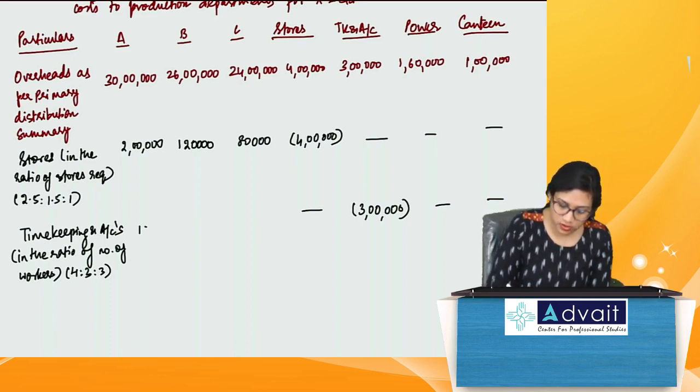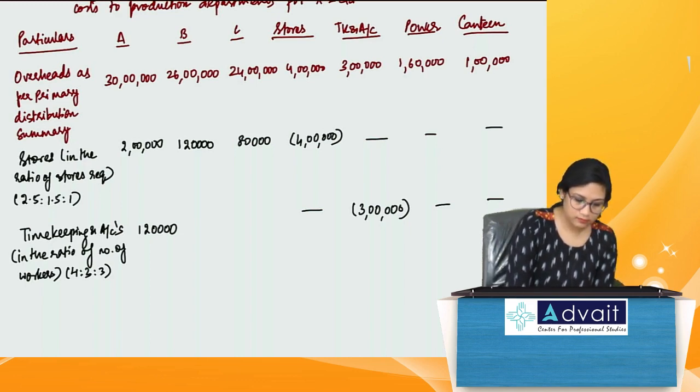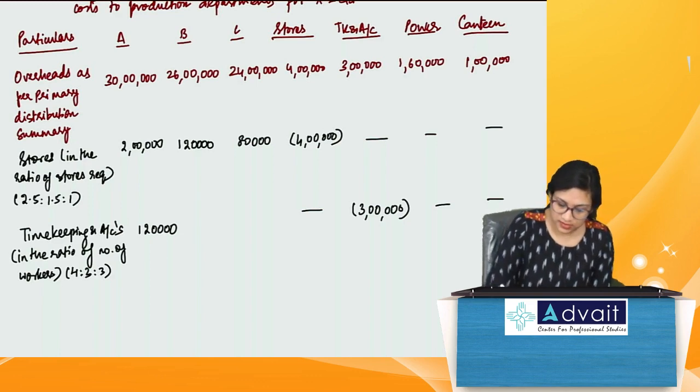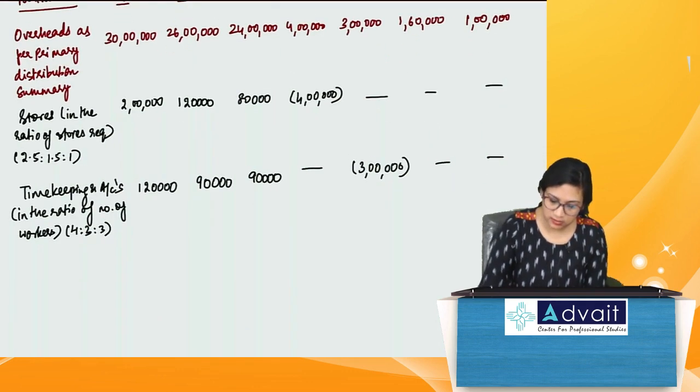First one is 1,20,000. Second and third is 90,000. Yes. Next, these two are nil now.